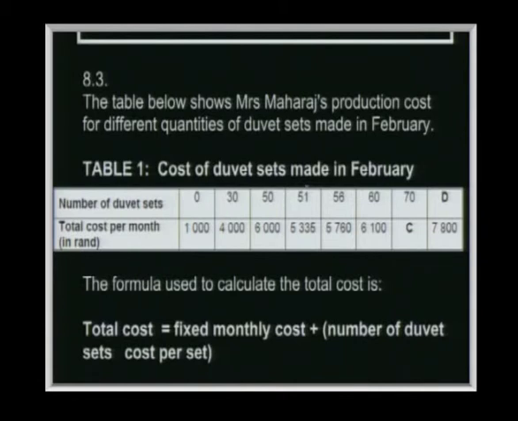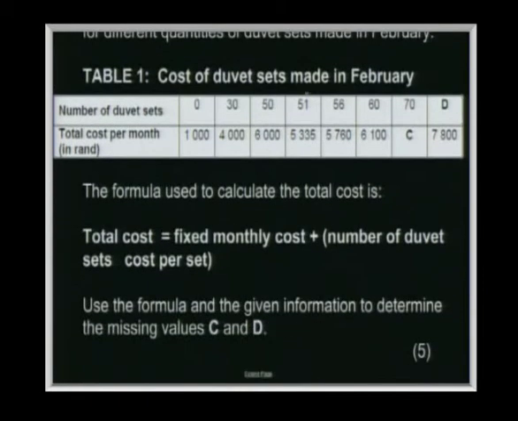Then 30 costs 4,000, etc. If it was 70, to work out C, which is what they're asking us to do here, we need to use this formula, and we need to use 70 duvet sets. Remember, if it's over 50, then we are charging 85 Rand per set.